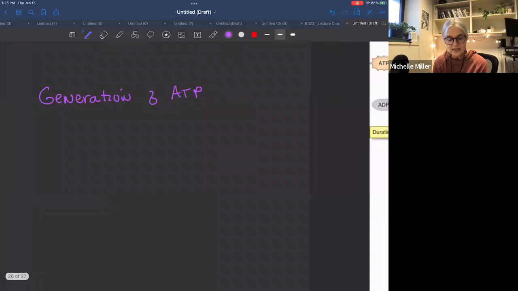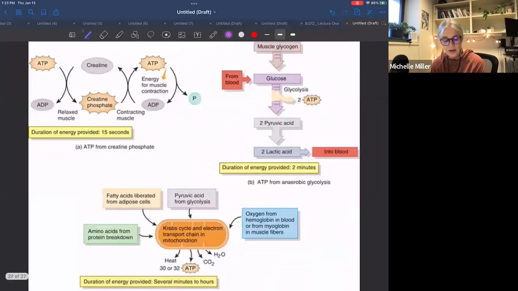So if we look at this generation of ATP, we have ATP being broken down, but then creatine, which you might hear of as a supplement for weightlifters, can actually cause ATP to be produced.